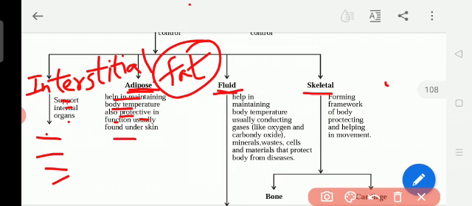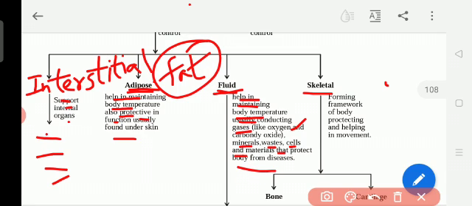Next one is the fluid. Helps in maintaining body temperature, usually conducting gases, that means taking oxygen inside and sending carbon dioxide outside. Everything is with the blood. And minerals, waste cells and materials that protect the body from diseases.